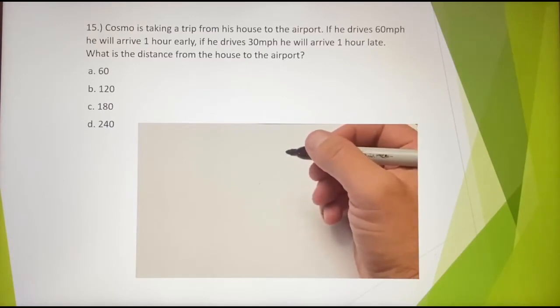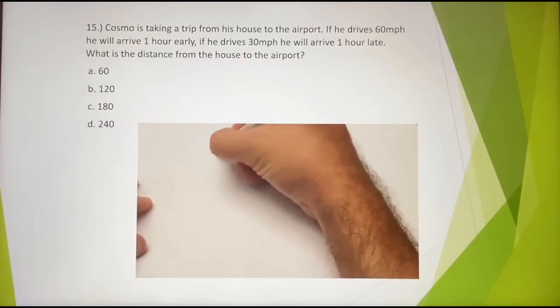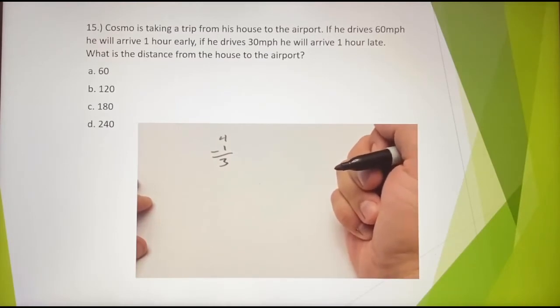one way I like to do this is think about if we're supposed to get there at 4 o'clock and we arrive 1 hour early, then we would do 4 minus 1 gives me 3, so I would arrive at 3 o'clock. I'm just subtracting 1 from whatever time I'm supposed to be there.